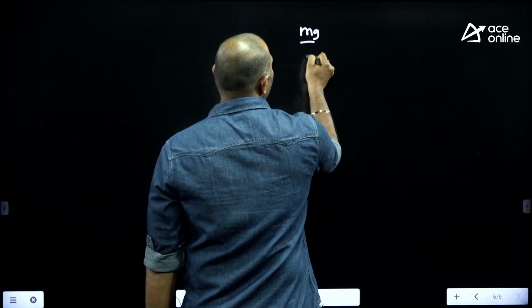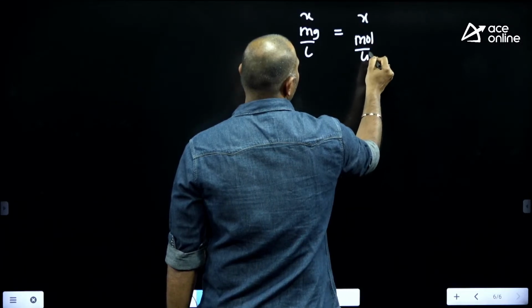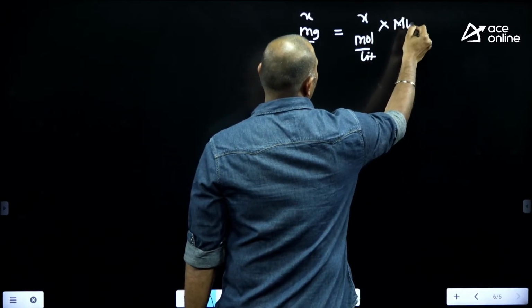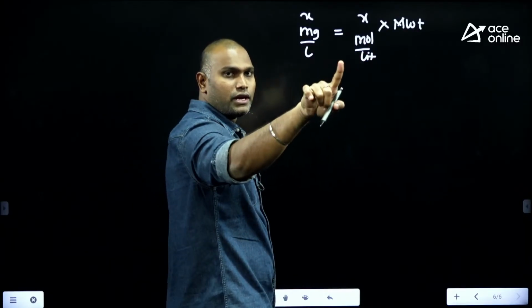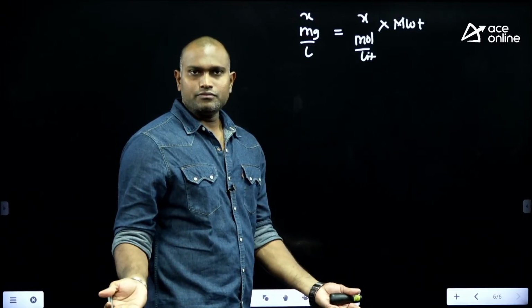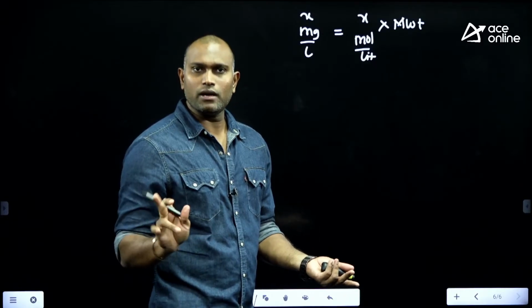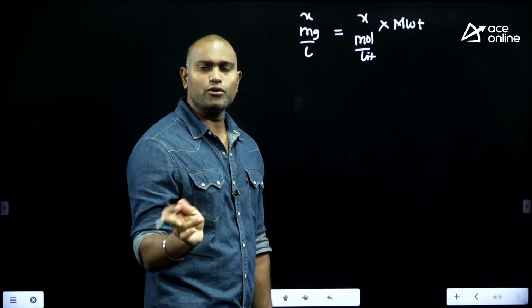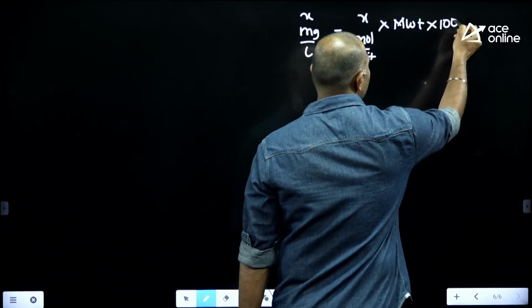So how do we convert mg per liter? Anything of x in mg per liter is x mole per liter into 1 mole. If you want to write 1 mole in terms of weight, multiply with molecular weight. 1 mole of O gives 16, which is the molecular weight. 2 moles of O, 2 into 16. But that is in grams, so you need to convert into mg.